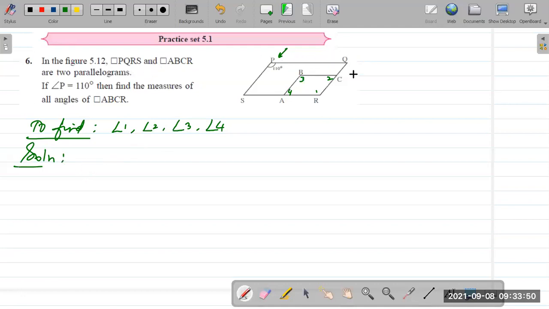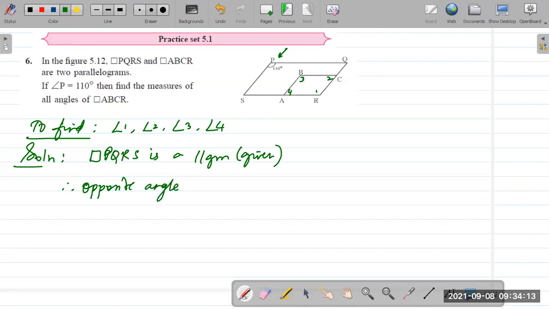So we can start with looking at the bigger parallelogram, quadrilateral PQRS is a parallelogram, and this is given. Therefore, what can we say? Opposite angles will be equal, right?